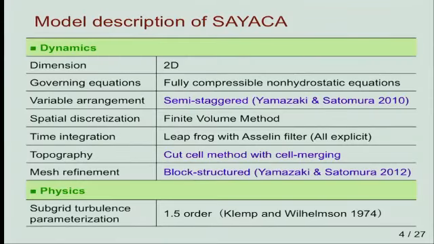The description of the model is shown here. Sayaka is currently a 2-dimensional model, and the equations are fully compressible. We use the finite volume method for spatial discretization. The blue-colored items are characteristic of the model.